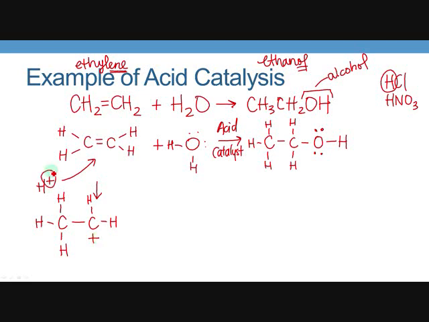Okay, and so then now this intermediate can react with the water. I'm just going to say H2O, I'm not going to draw the structure. And when it reacts with the water, it turns into another intermediate.